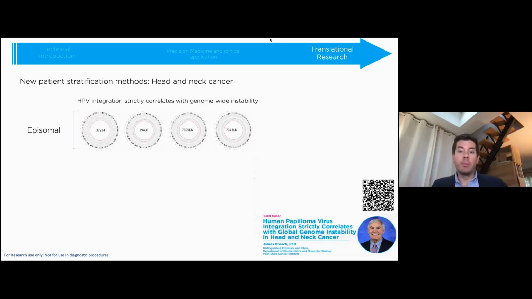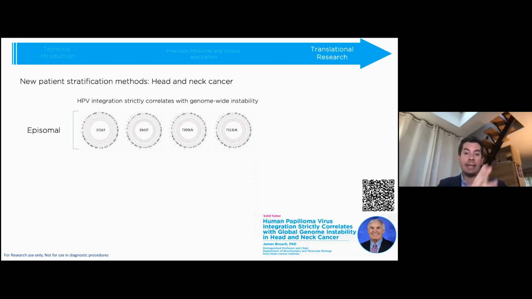Addressing that complexity without the burden of tedious data analysis opens new avenues to develop new tools to address difficult questions. One of them is sample stratification, clustering groups of tumors based on a structural signature. The circos plots that are automatically generated allow you to do that.